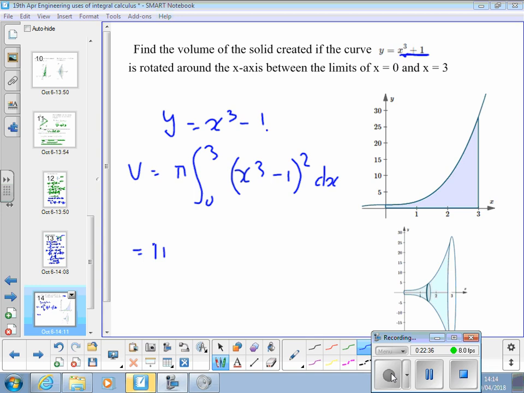That is pi times the integral between 3 and 0. Then we've got to multiply this out, so we get x to the 6 plus 2x cubed plus 1 dx. Agree? Is that what you've done? Yeah.